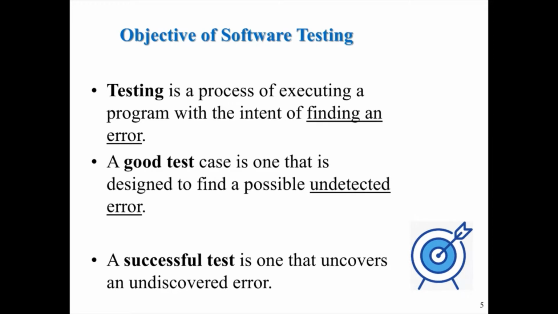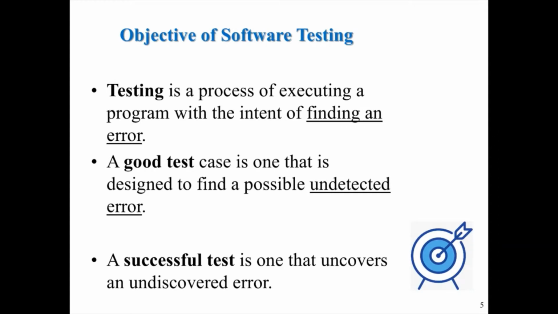Which test case is said to be a good one? The one which is designed to find a possible undetected error. Our target is not to ensure that the software is working fine. Our target is that if there is any possible error, we should be able to find it.